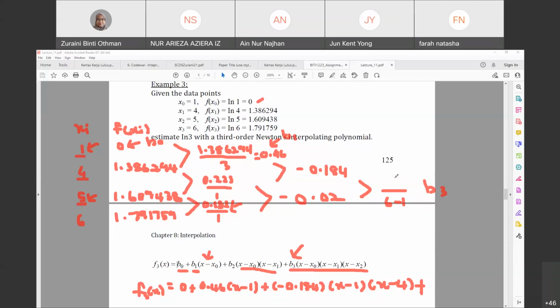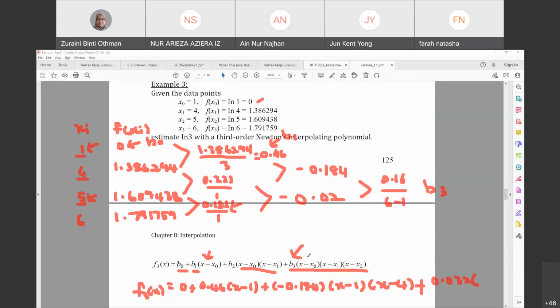Okay, kalau you buat dalam kertas yang ada kotak-kotak, mungkin you nampak lah kat situ dia akan pergi ke 1. Okay, so sekarang yang atas ni ialah negatif 0.02 tolak negatif 0.184 akan dapat berapa? 0.16. It is positive, right? Okay, bahagi dengan 5, 0.032.